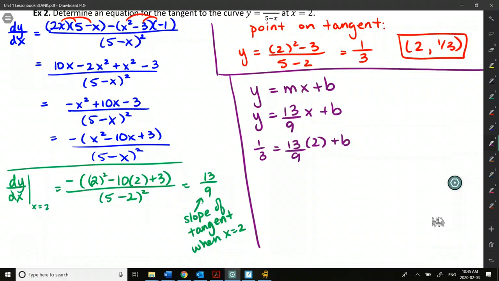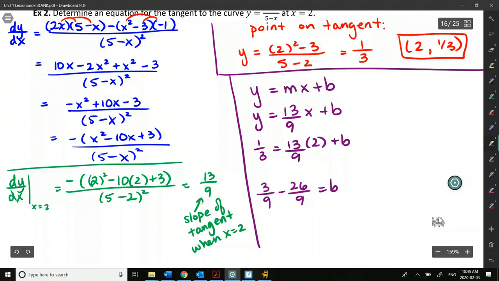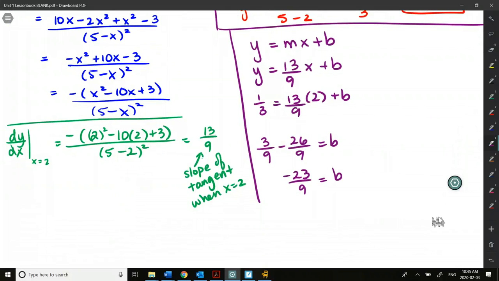I'm going to create a common denominator as I move this fraction over to the left-hand side. So I'm going to write this as 3 over 9 minus 26 over 9, and we'll get negative 23 over 9 for b. Then you're just going to sub that back into your equation.